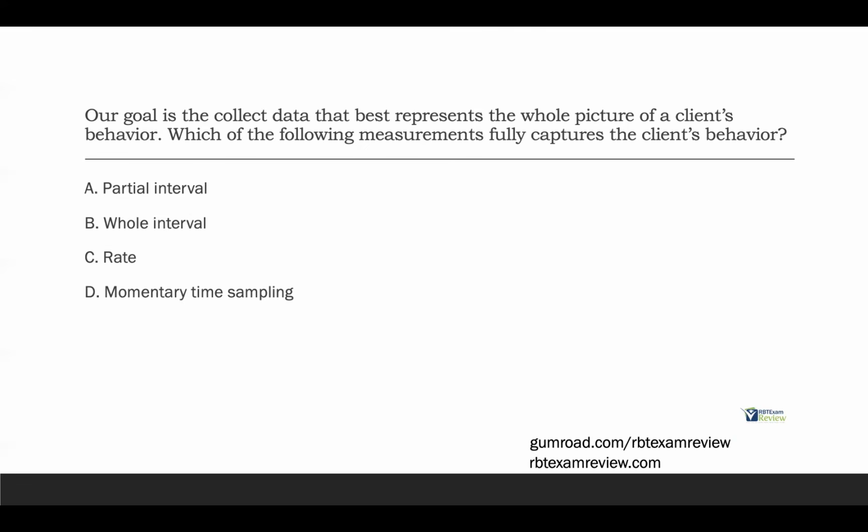Discontinuous measurement also overestimates or underestimates, depending on whether you're using partial or whole interval. So discontinuous measurement isn't giving us the full or best picture. It's only giving you a snapshot. Continuous measurement, such as rate, gives you the entire picture, okay? So a bit of an abstract question, but once you break it down, it should be very simple, okay?